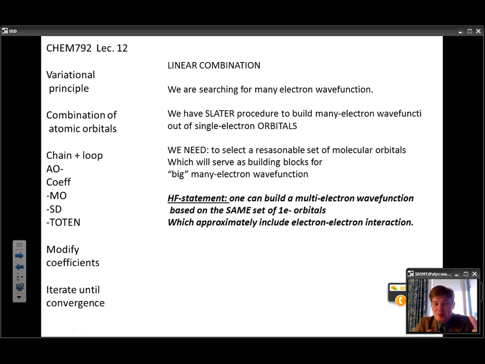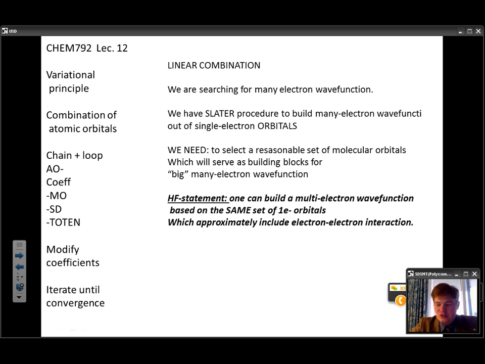And we are going to proclaim that by selecting the correct set of one electron orbitals, one can compose a very good, very high quality, very precise many electron wave function. And the main thing that we are going to modify and look for in a technical way is a set of one electron orbitals. And you already know that they are called molecular orbitals.